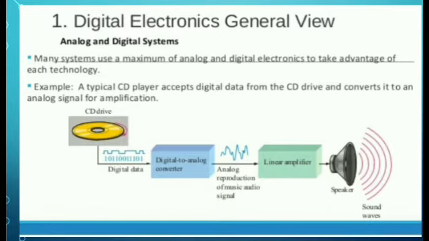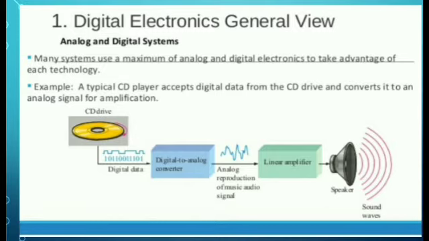Continuation: analog and digital systems. Many systems use a mixture of analog and digital electronics to take advantage of each technology. For example, a typical CD player accepts digital data from the CD drive and converts it into an analog signal for amplification.